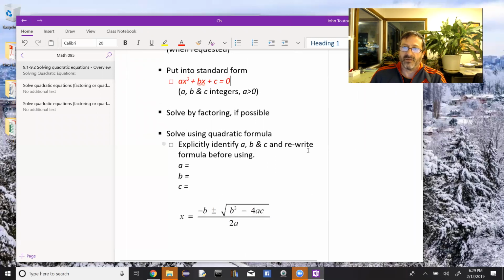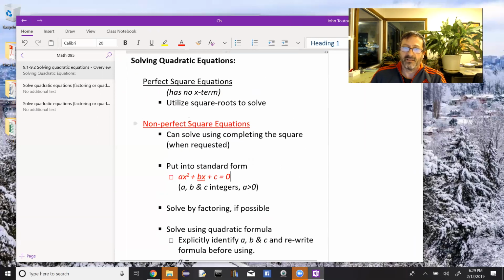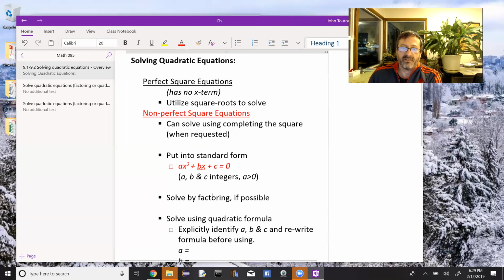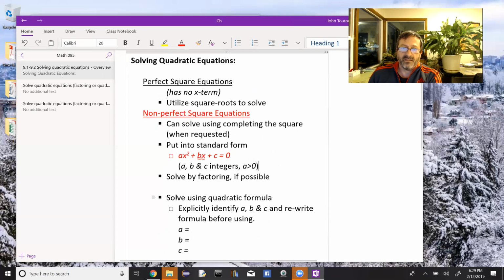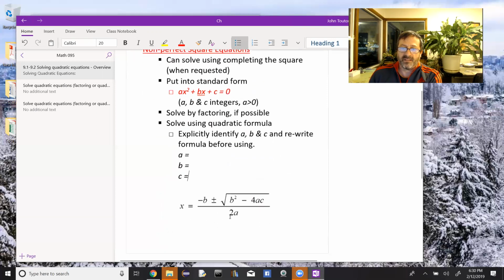And let's see if I can get that whole thing on one page here. So if you wanted to pause the video and look at the whole thing at once, you could.